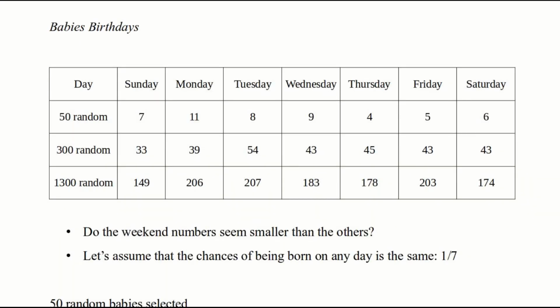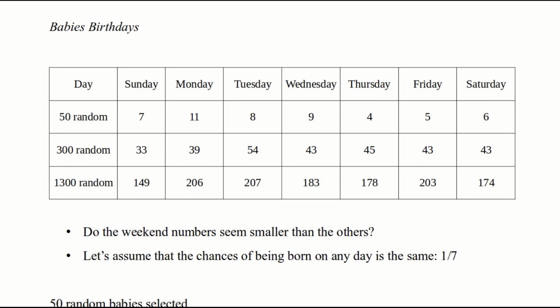When you look at an example like babies' birthdays, we can look at, in this case, 3 different sets of samples. So we looked first at 50 random birthdays to see which day of the week they occurred on, then 300, then 1,300. And you might say it looks like some days are more common for birthdays than others.